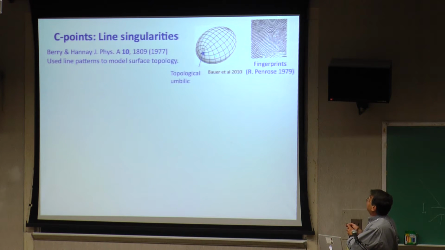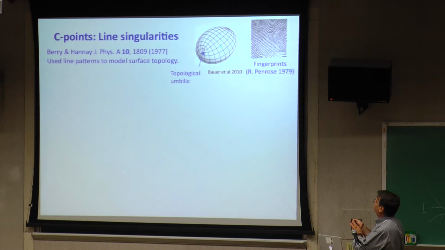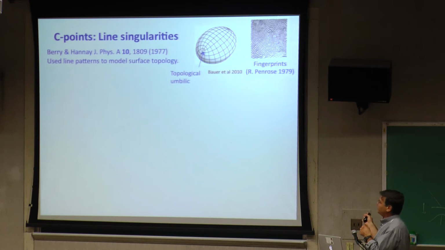And then these lines are the principal radius of curvature at any particular point on this ellipsoid. And then right at one point here, you have a degenerate point where the radius of curvature is spherical. So there's no particular direction for the major, a principal radius of curvature of the surface.